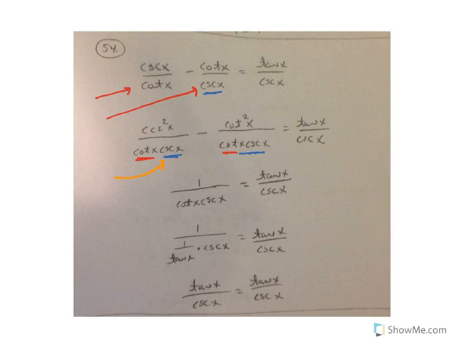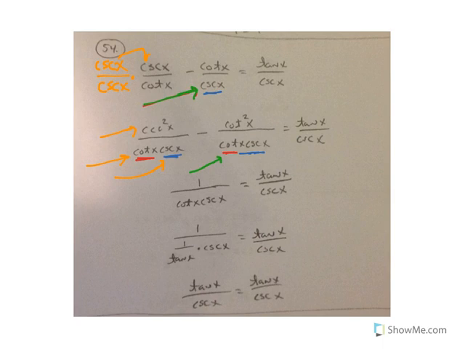What you're doing is multiplying both the top and the bottom by cosecant to get that common denominator. So we wanted to do cosecant down bottom and cosecant up top. That's going to get us cosecant times cosecant, which is cosecant squared, and it's going to create that common denominator, cosecant times cotangent.